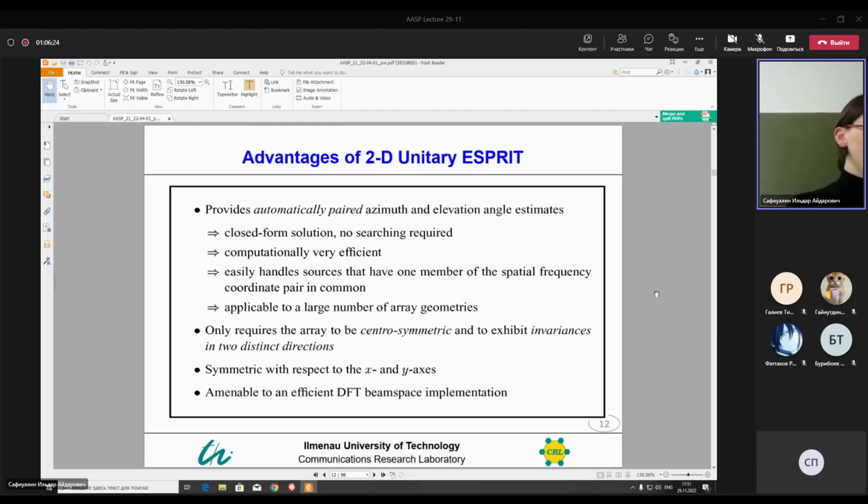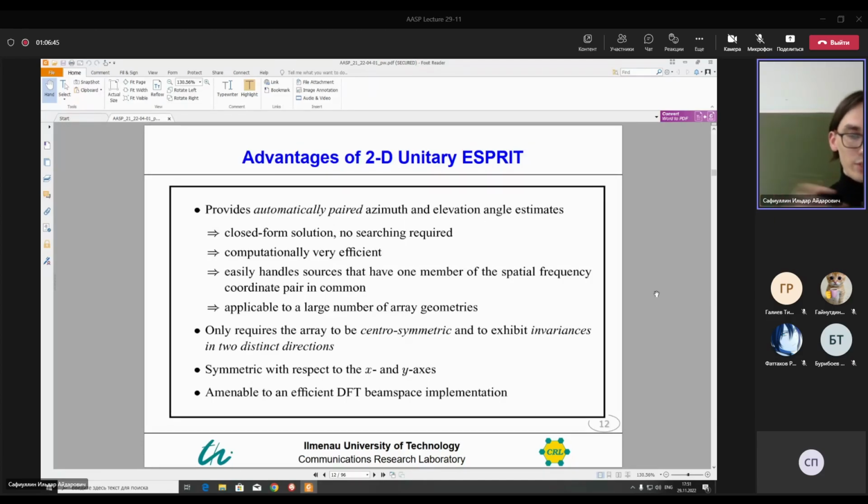In the guest lecture with Adele, we will go inside of this DFT beam space because he had this DFT beam space topic in his master thesis.